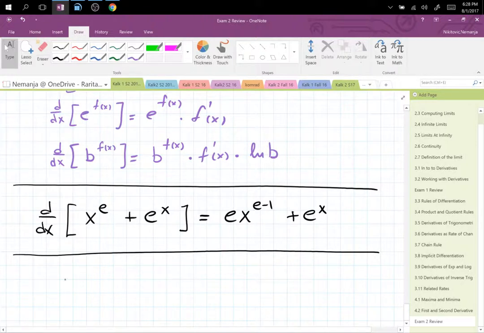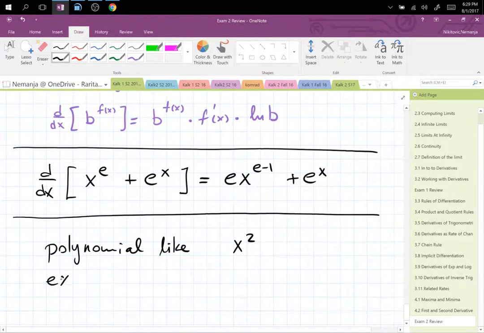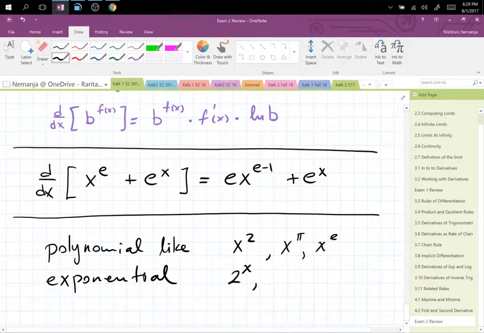So polynomial, like we have x squared, and then exponential, we have 2 to the x. So over here you had your x to the pi, x to the e, and over here you have pi to the x, e to the x.